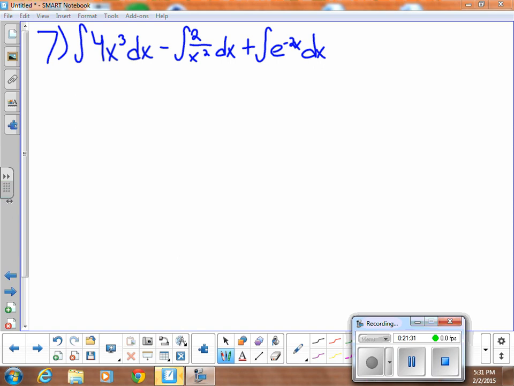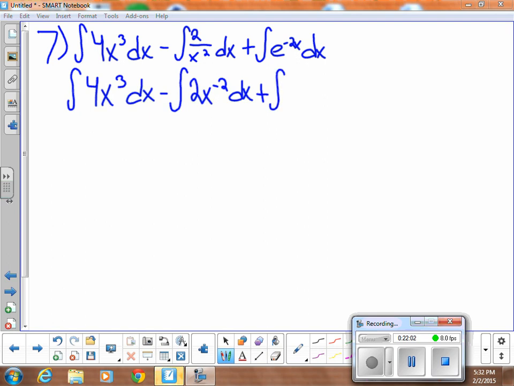So for the first one, we can basically follow the power rule. X cubed. Just to do a little bit of rewriting, we have the integration of 4x cubed dx minus, I'm going to rewrite this one, bring up my x squared, so it's 2x to the negative 2 dx, plus the integration of e to the negative 2x dx.